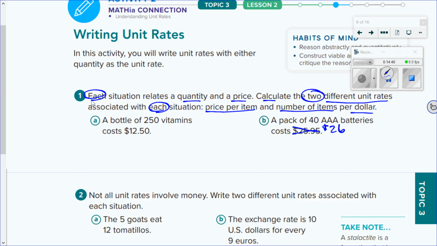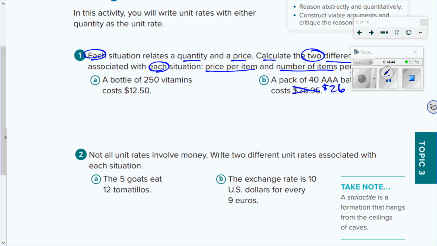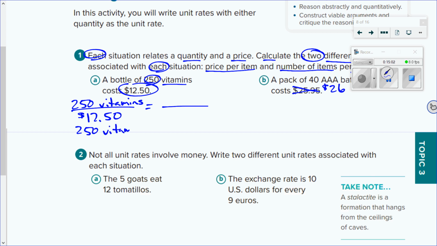So what they're saying to find 2 different unit rates, one of the ironies on this is it's going to look exactly the same at the start. So it's going to say 250 vitamins over $12.50 equals, and I'm going to say 250 vitamins over $12.50 equals, and I'm just going to start with my outline, guys.